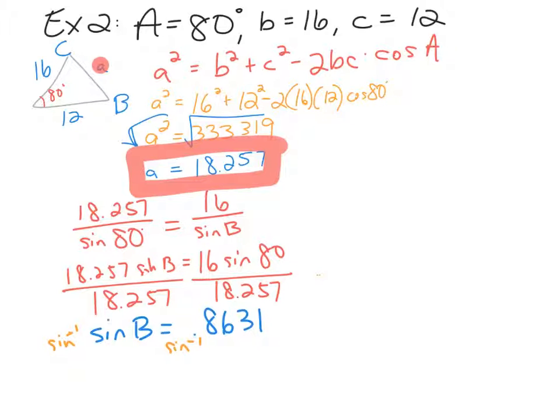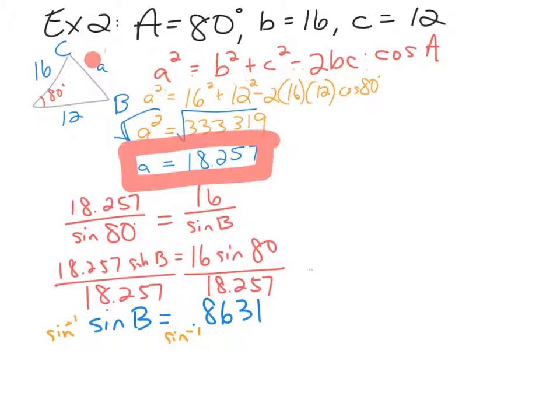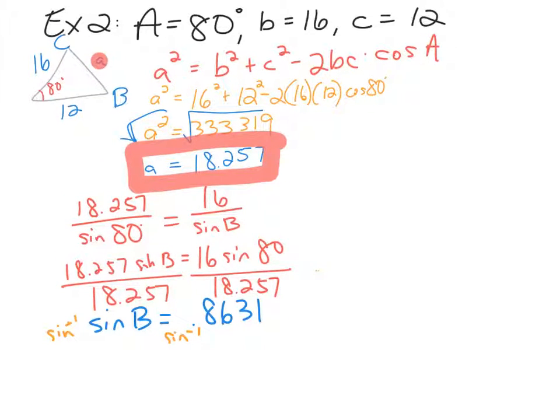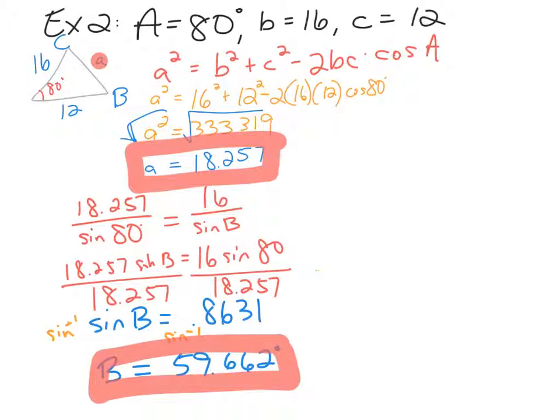And what that should give us is an angle B value of approximately 59.662 degrees. So there is the second part of our answer.